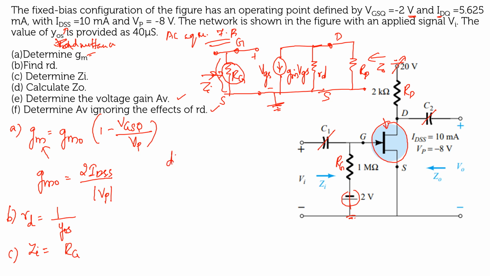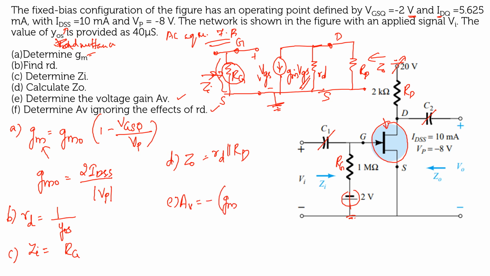And D part, what is your output impedance Zo? Zo, you know that if you want to find out the output impedance, your input should be kept as 0. When the input is kept as 0, VGS will be equal to 0. So you will be having your resistance small rd parallel to that of your capital RD. Next, E part, your voltage gain is equal to minus, you have 180-degree phase shift, right?